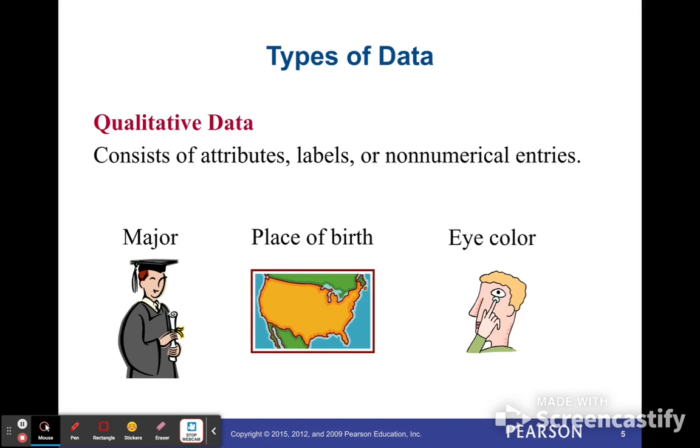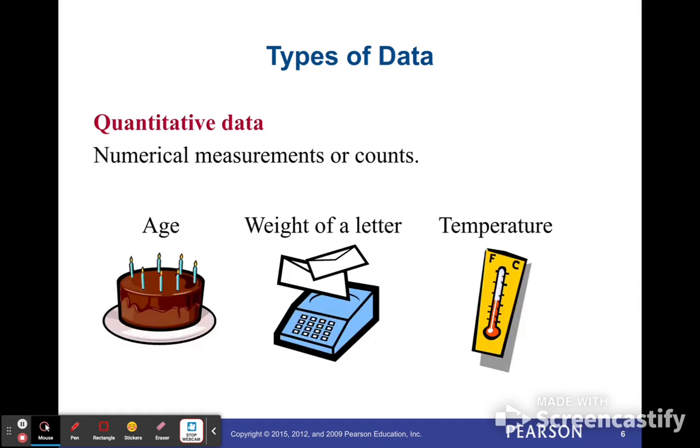However, quantitative data is numerical measurements or counts. Anything that has a number on it, obtained by measurement or by counting, is quantitative. Example: age. How old are you? When you ask how old you are, you're given a number, so that's quantitative data.